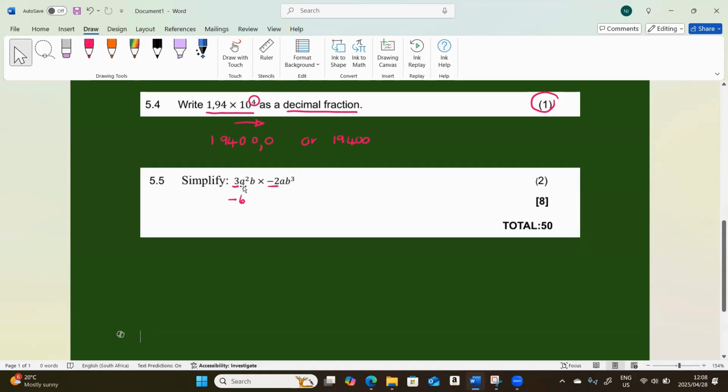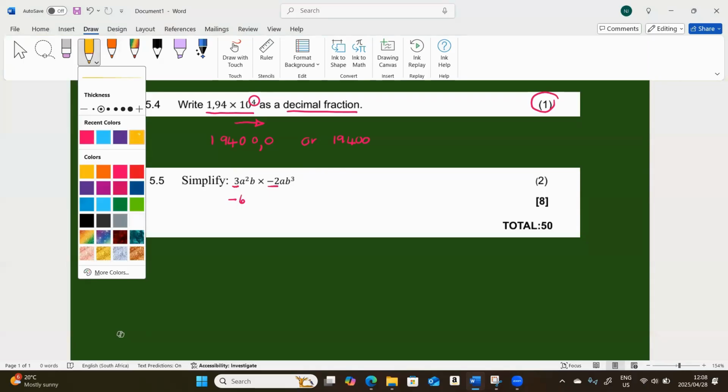We have two variables. We have the variable A in both expressions, and we have the variable B in both expressions. So you deal with each variable individually. Let's first work with the variable A, using different colors to make this easier.